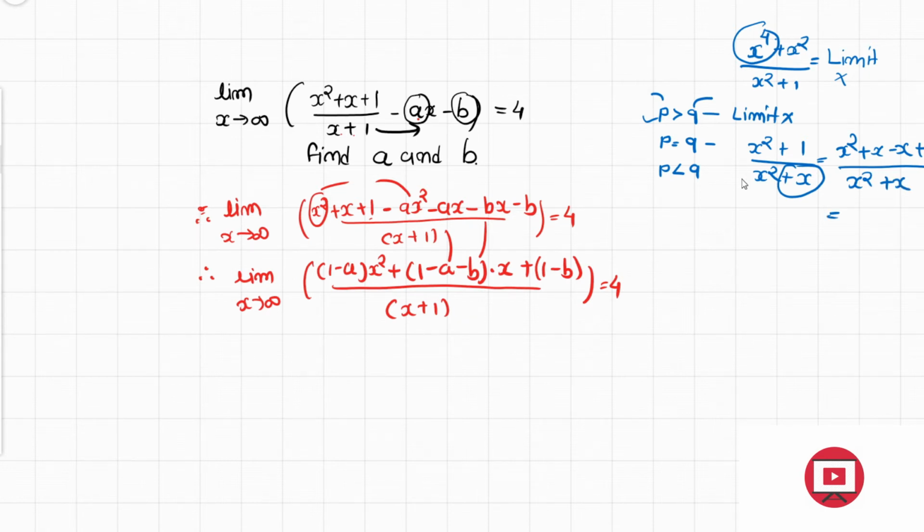Here this is the same term, so 1 minus x minus 1 divided by x square plus x.